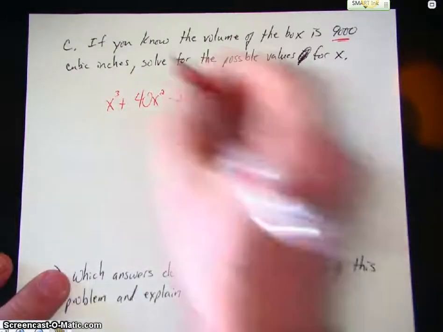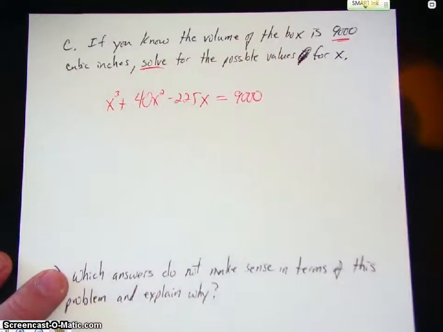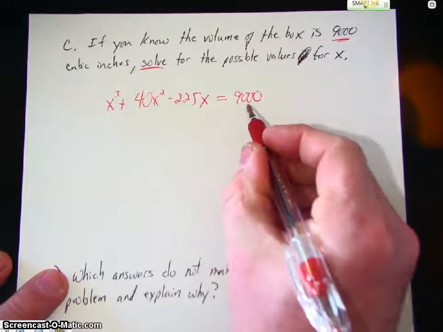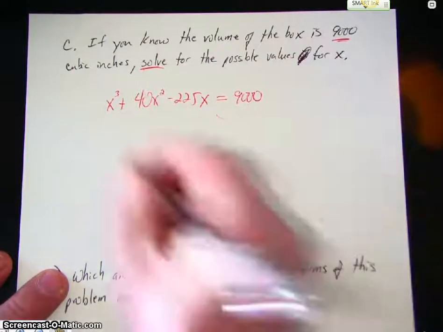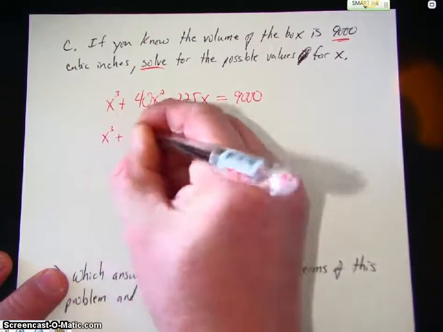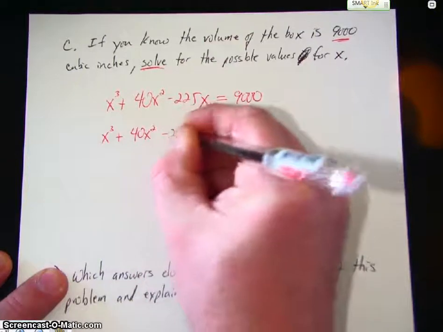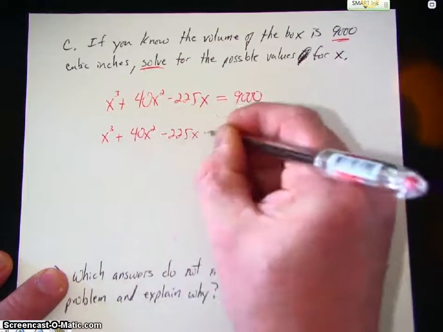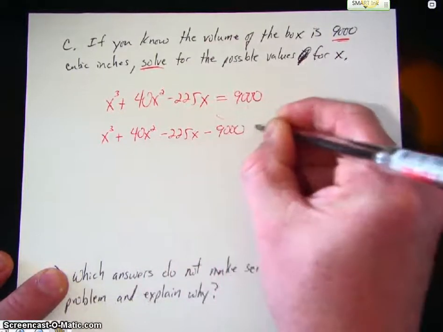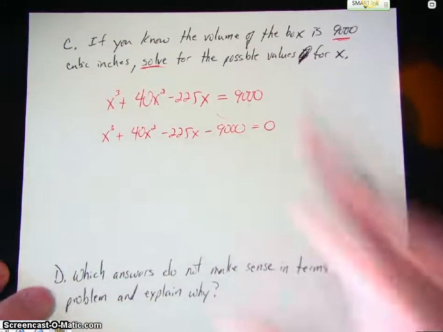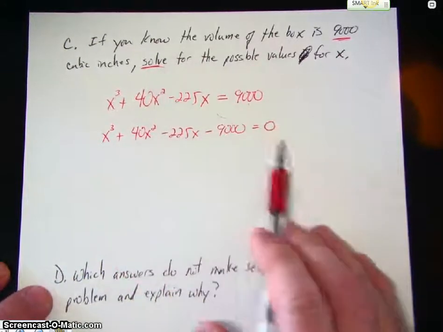All right, so now we want to solve. So that means I've got to bring this over here. So x cubed plus 40x squared minus 225x minus 9,000 is equal to 0. That's what solve means. Solve means you set it equal to 0.